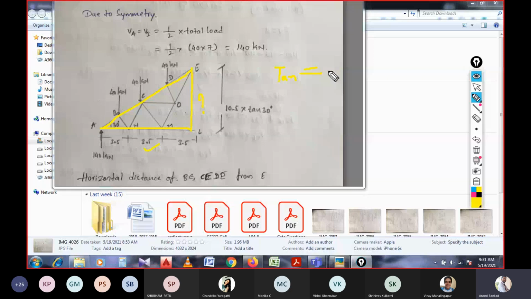For this, sin theta will be opposite by hypotenuse, cos theta will be adjacent by hypotenuse, and tan theta will be sin by cos, right? In this case the opposite side is unknown. So if you consider tan theta, opposite by adjacent is the equation we refer to for tan theta.